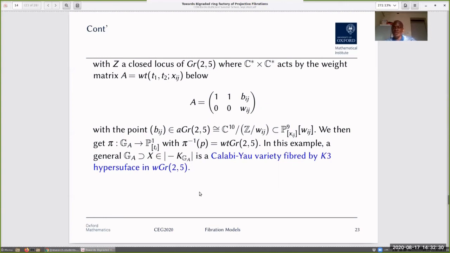weighted Grassmannian fibration with fibers weighted Grassmannian 2,5, and taking a general element in the anticanonical class of G, we have Calabi-Yau varieties fibered by K3 hypersurfaces in weighted Grassmannian 2,5.